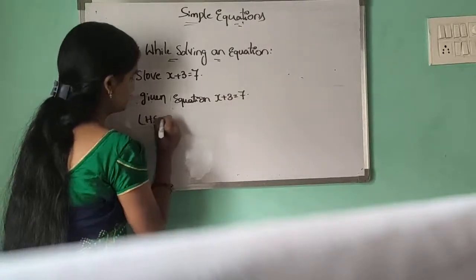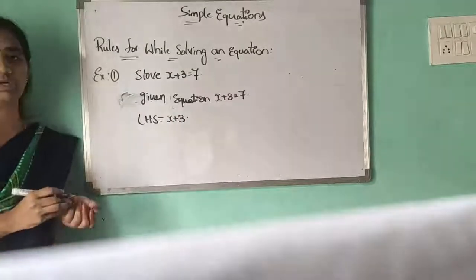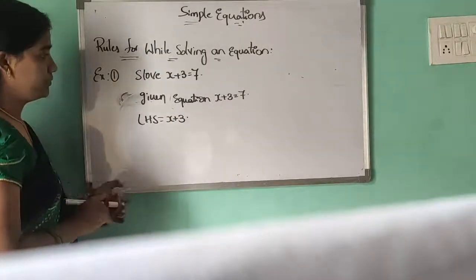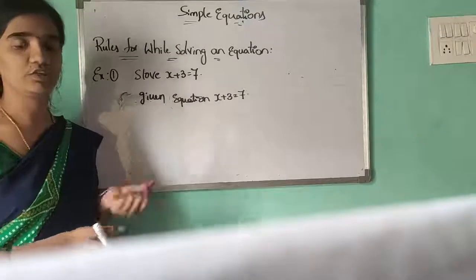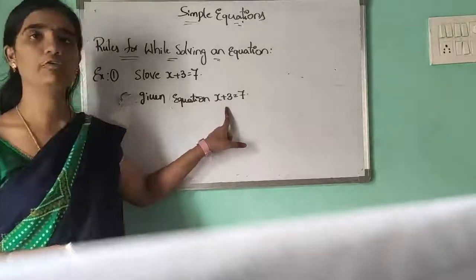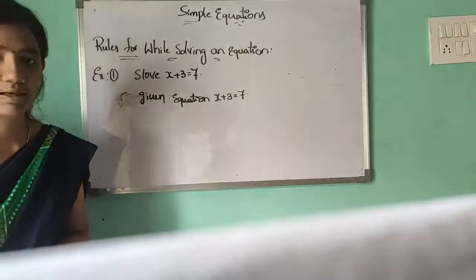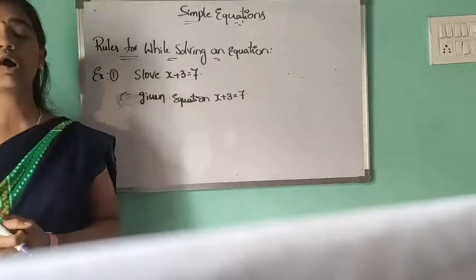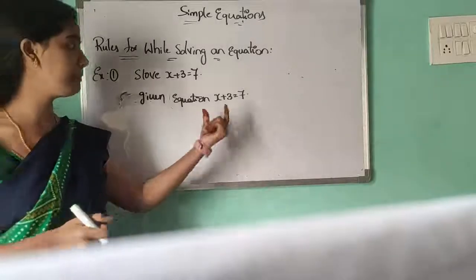LHS equal to x plus 3, and RHS is 7. So we have to remove the plus 3 on the LHS. How to remove plus 3?